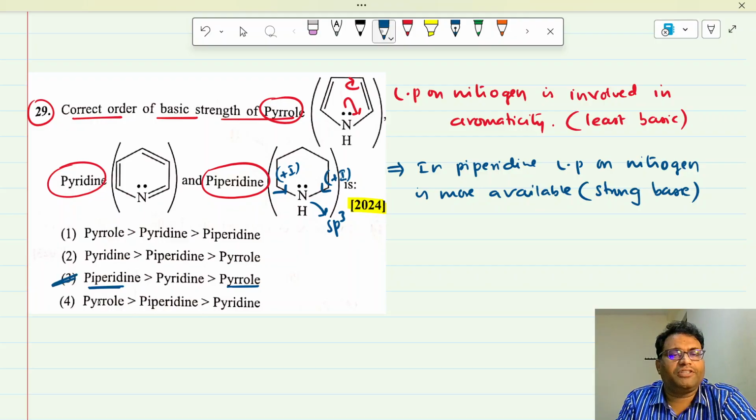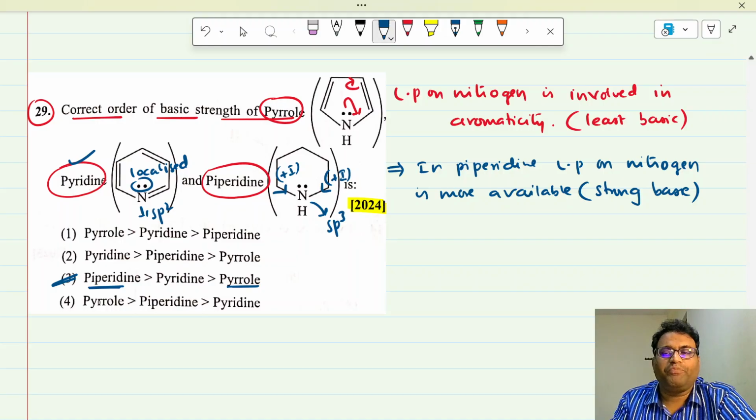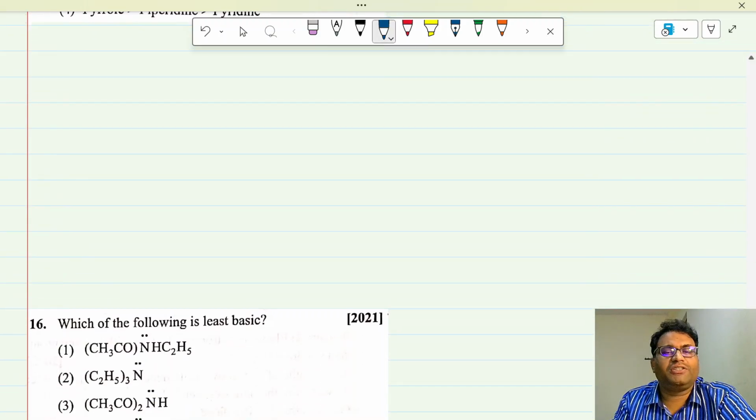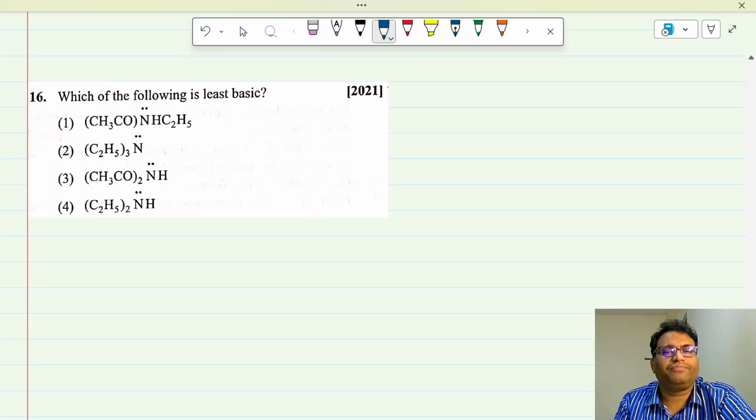You will have the third option. Pyridine we have already discussed two or three times. This pair of electrons is not involved in resonance, they are localized, and this is present on an sp2 nitrogen. The sp2 nitrogen holds this pair, so it cannot be donated easily when compared with piperidine. Piperidine is more basic than pyridine. Pyridine is more basic than pyrrole.